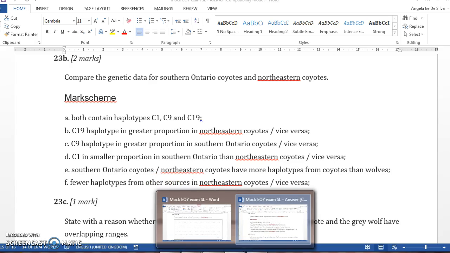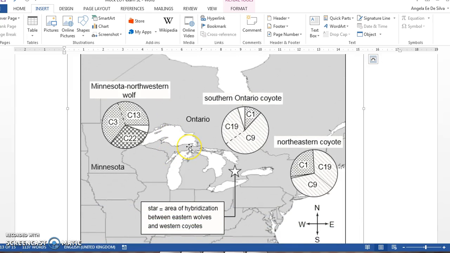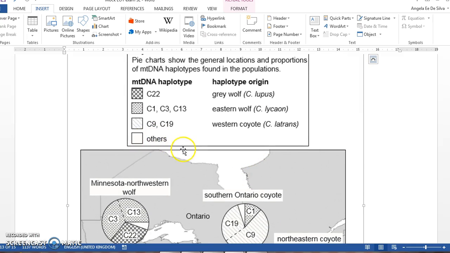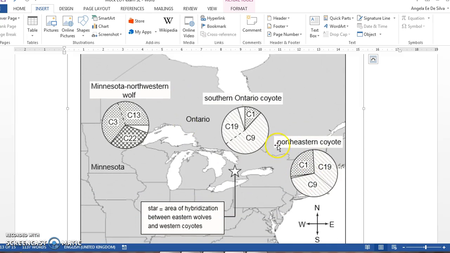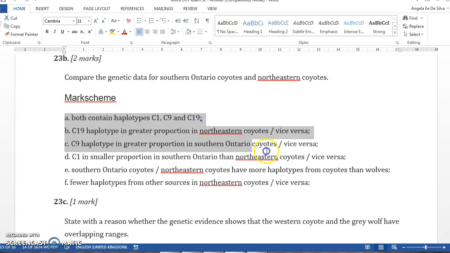For certain students they are even more detailed, more specific, and they will look at the others. So you can see there, northeastern coyote has very little haplotypes from others. Southern Ontario has got more from others. However, in general, what they really want from you is the top 4.